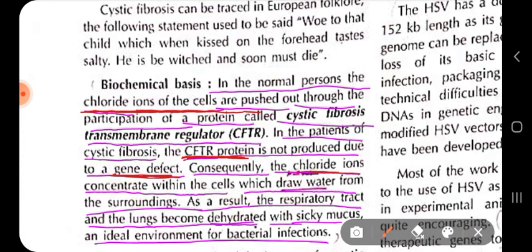Chloride ions get concentrate within the cell. It draws water from the surroundings. Thus the respiratory tract becomes dehydrated with sticky mucus, which becomes an ideal environment for other opportunistic bacterial infections. Okay.